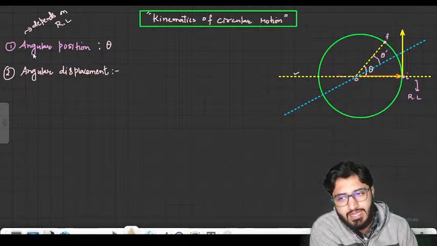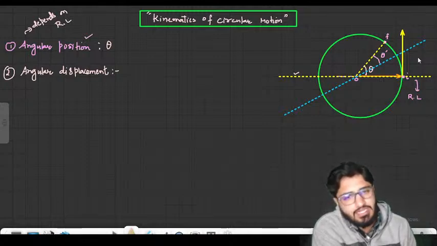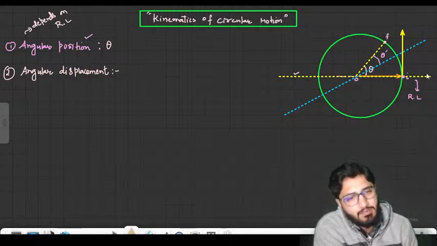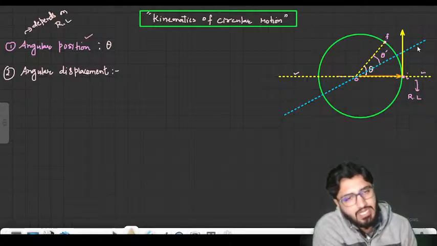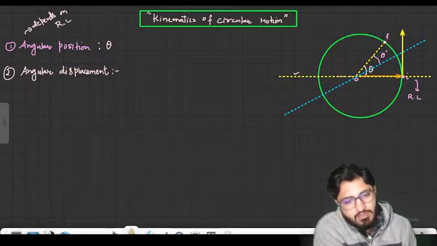That means my angular position depends on the reference line. If my reference line is this one, it would be theta; if this one, then theta dash. Make these things very clear to you.